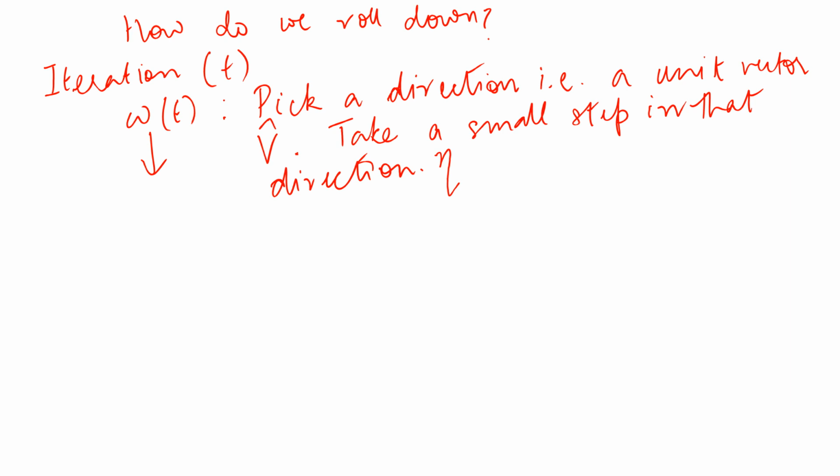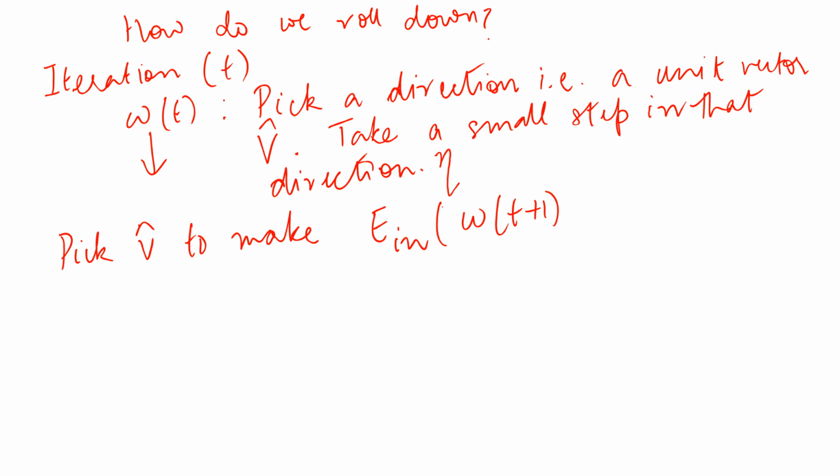So basically we need to pick this v hat, my unit vector, such that we make my E in at w t plus 1, which is the next iteration, as small as possible, right? That is why I'm moving in that direction.